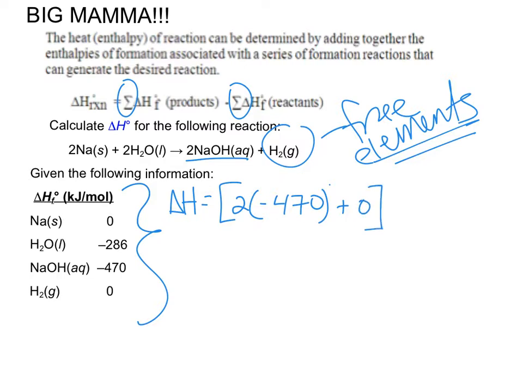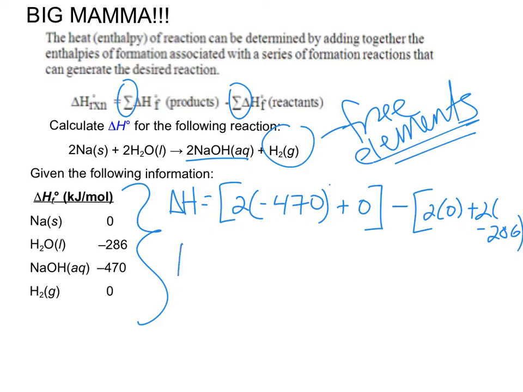So because of hydrogen. So sum of products minus the sum of the reactants. So we have 2 times 0 for sodium plus 2 times water liquid on this table is negative 286, because I'm out of space.